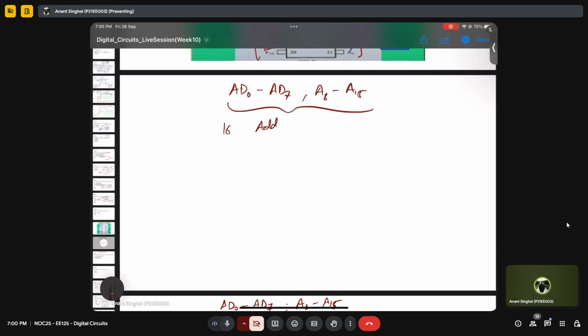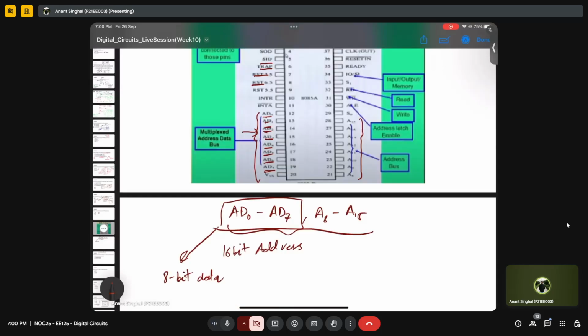And in these 16 bits, AD0 to AD7 are the actual 8-bit data. That is why you see somewhere that 16 bits are given. The first 8 bits are actually the 8-bit data bits. Is it understood?